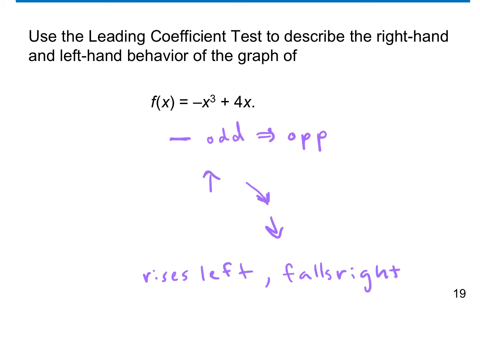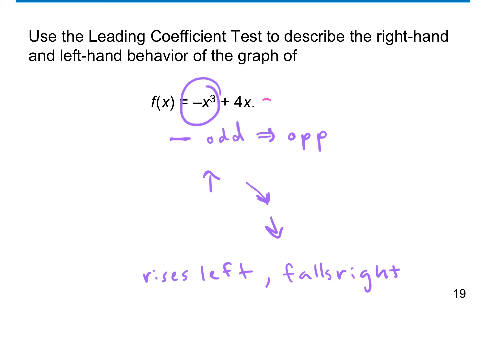It doesn't matter. All we're doing is looking at our highest degree term. So that's the only thing that determines our end behavior. You always read these from left to right, right? Mm-hmm. So if they put negative x cubed plus 4x equals f of x, like they just move the f of x to the other side of the equation, you would still read it left to right. Right.